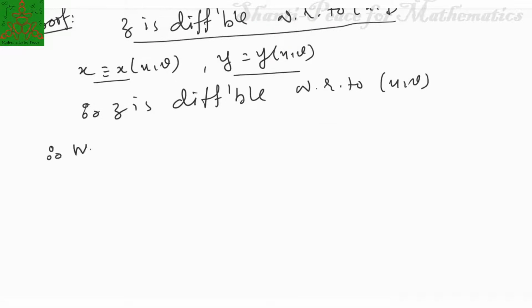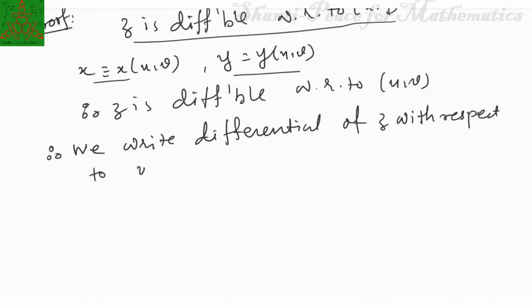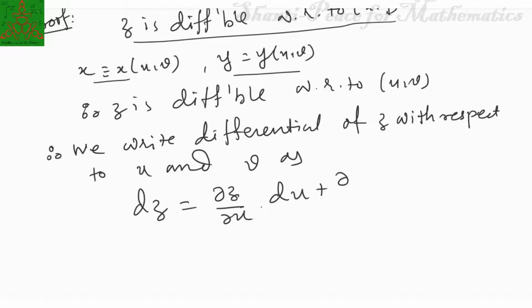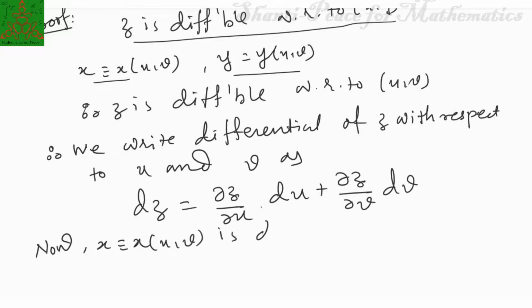Therefore, we write the differential of z with respect to u and v as dz is equal to del z by del u into du plus del z by del v into dv. Now, x is a function of u and v and is differentiable, so we can talk about a differential with respect to u and v.